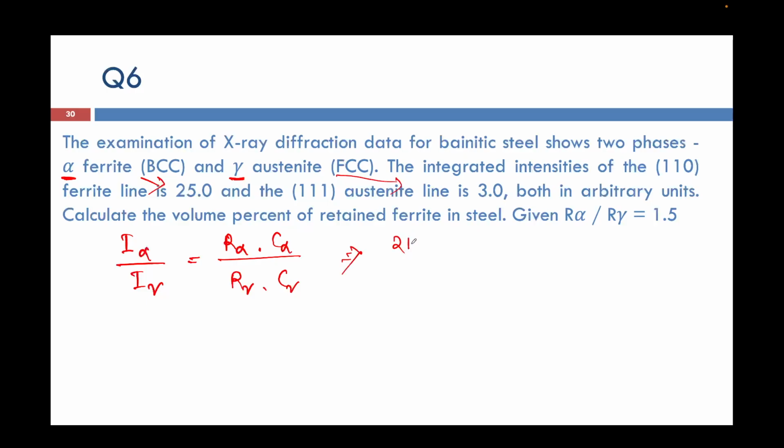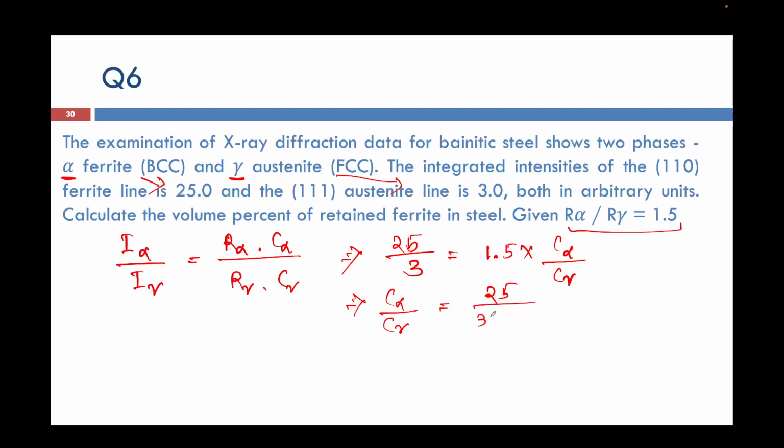So I alpha is 25, I gamma is 3, equal to R alpha by R gamma, which is given as 1.5, into C alpha divided by C gamma. From here C alpha by C gamma is equal to 25 divided by 3 into 1.5. So it will be 4.5.